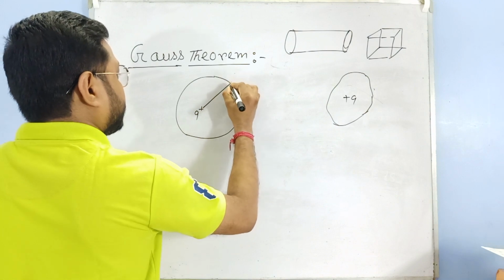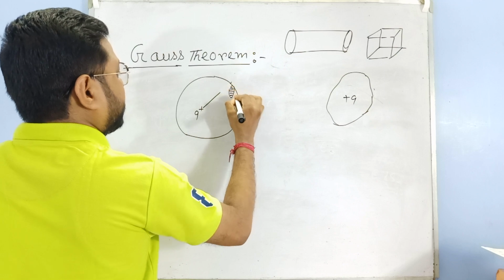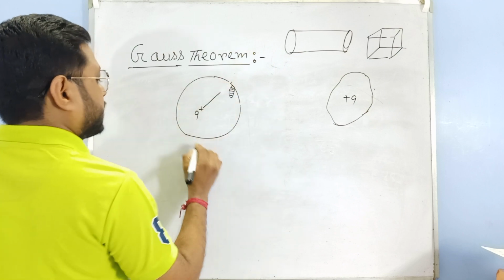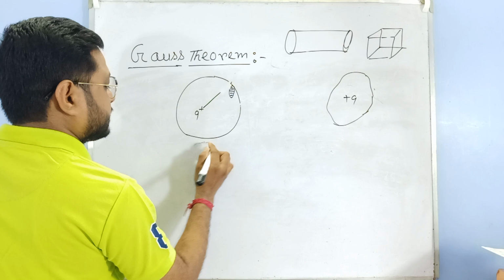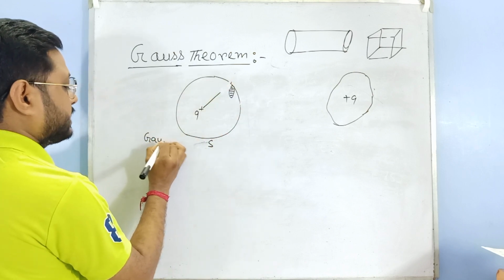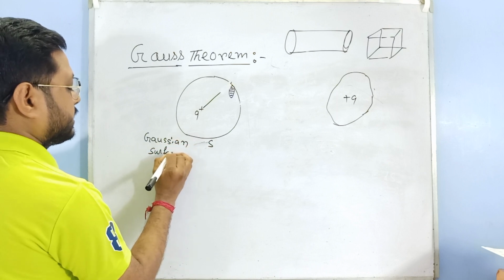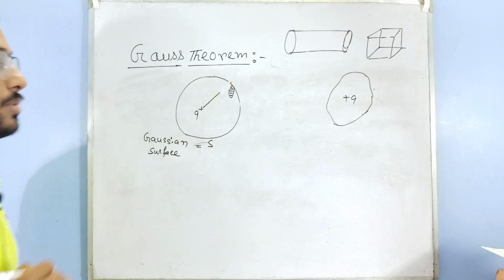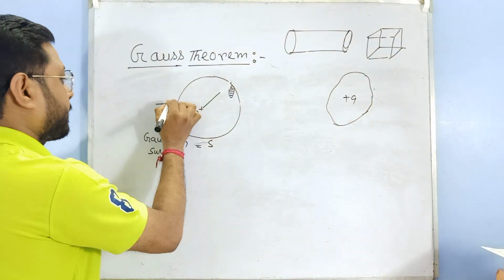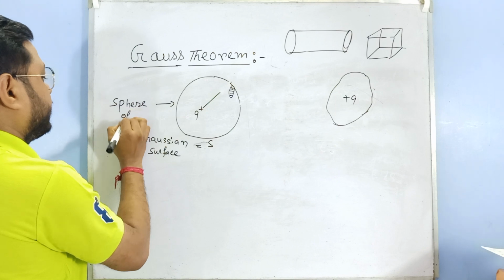small element ds, this is surface S. S is the Gaussian surface. Here the Gaussian surface is S, which is in the form of a sphere of radius r.